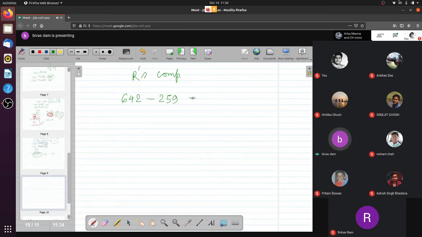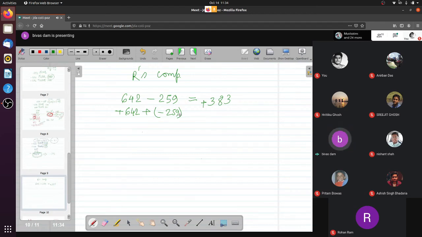So what is the required result? Is it so? I am very weak in mathematics. Please take this and tell me. Is it the correct result? Yes, sir. Fine. Now I have to perform this operation, plus 642 plus of minus 259, using the tens complement scheme.